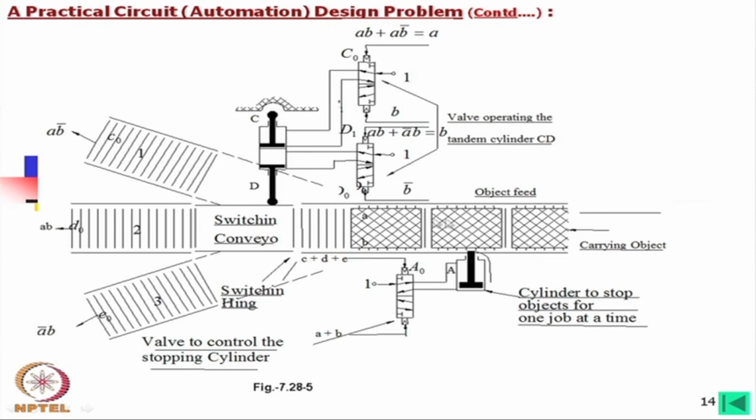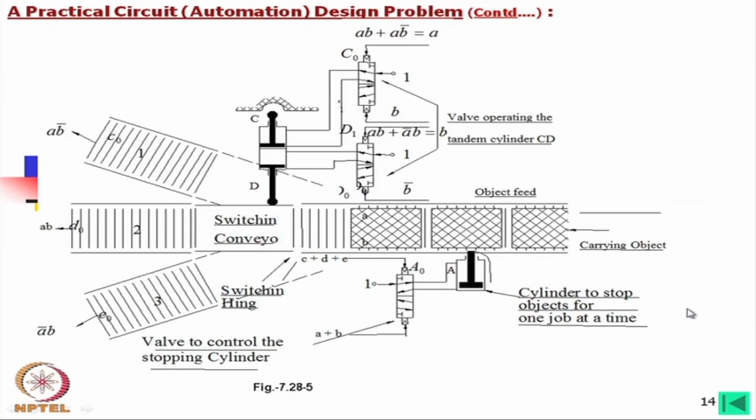Let us consider a factory where the finished products are coming into the main conveyor here, and then they need to be sorted out.